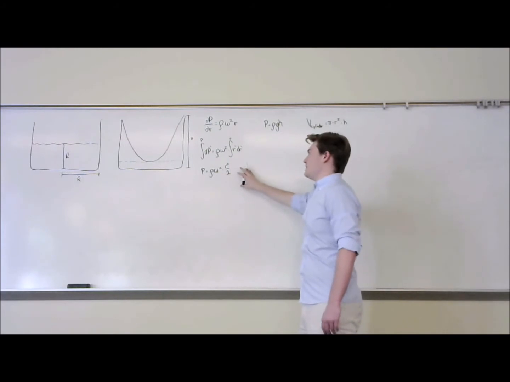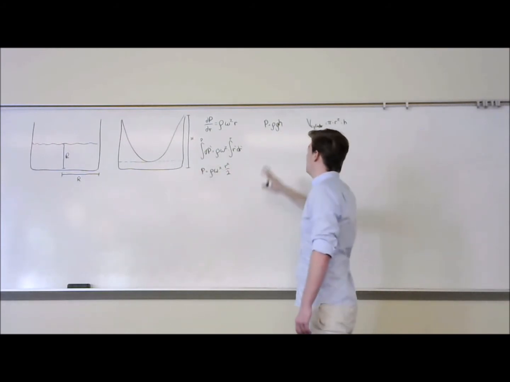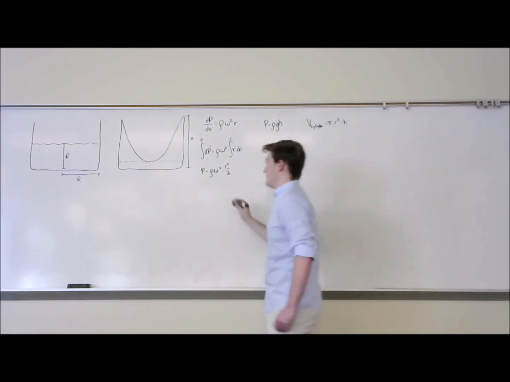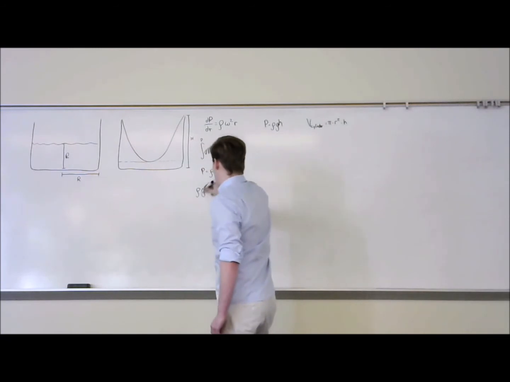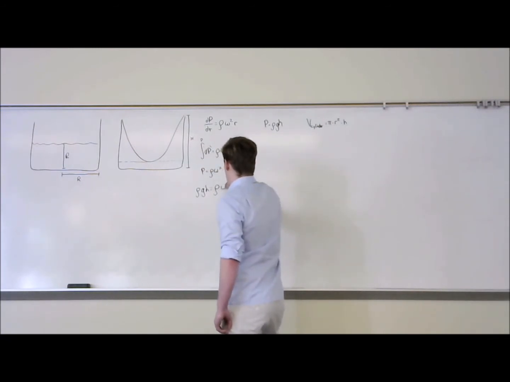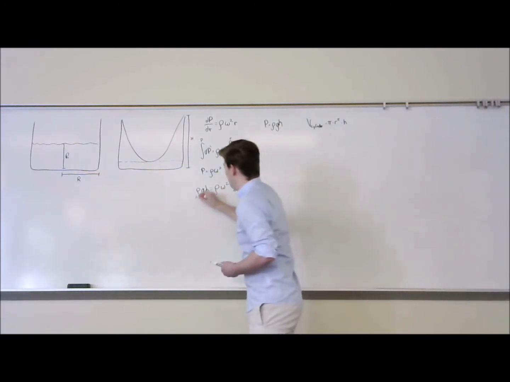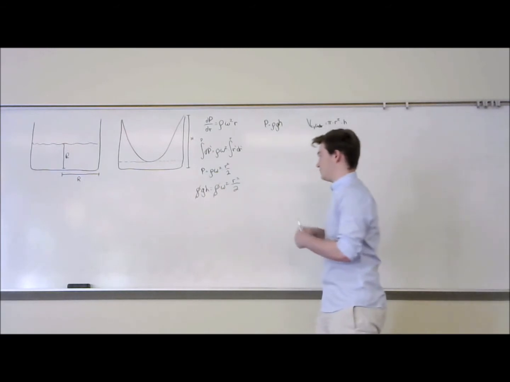Because you can only ever have one pressure at one point inside our cylinder, we can set this equal to rho g h. So we get rho g h equals rho omega squared r squared over 2. We've got a red marker for some cancellations here: the rho on both sides cancels out.